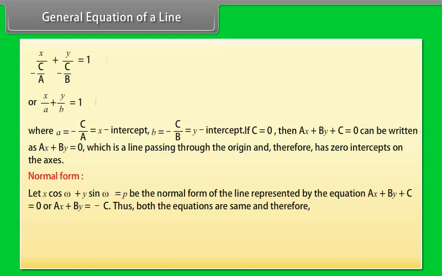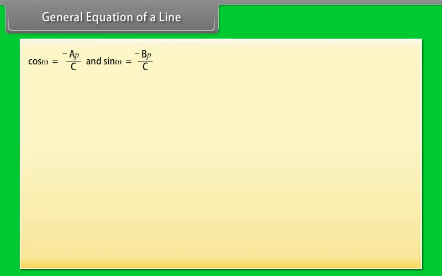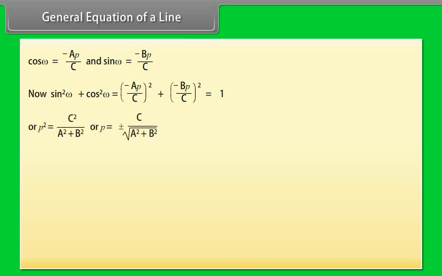Thus both the equations are the same and therefore a/cos ω = b/sin ω = -c/p, which gives cos ω = -ap/c and sin ω = -bp/c. Now sin²ω + cos²ω = (-ap/c)² + (-bp/c)² = 1, or p² = c²/(a² + b²), or p = ±c/√(a² + b²).